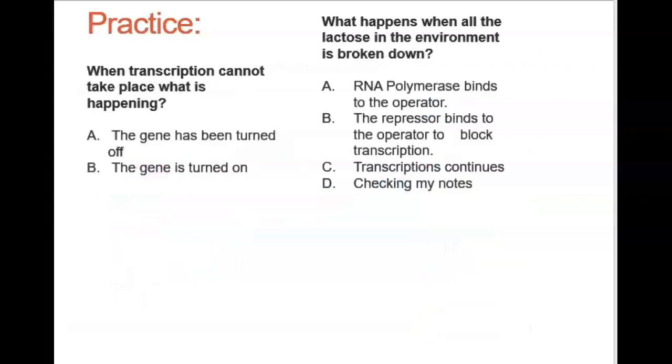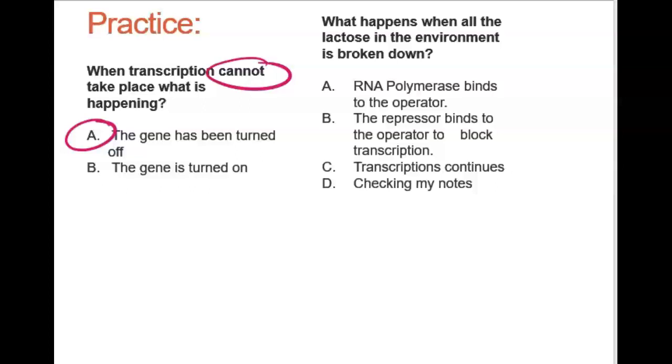Let's do some more practice. Some multiple choice questions. When transcription cannot take place, what's happening? So if transcription cannot take place, then the gene is off. What happens when lactose in the environment is broken down? Well, once the lactose goes away again, there's nothing to bind to the repressor.